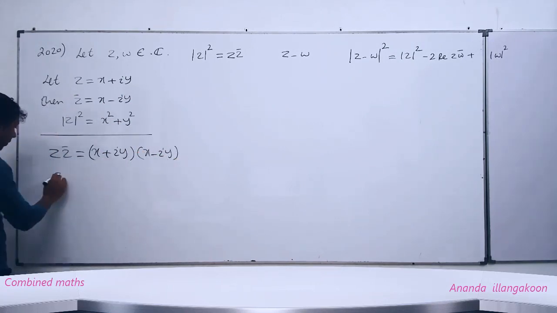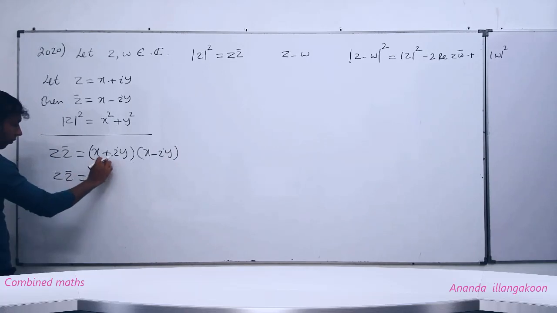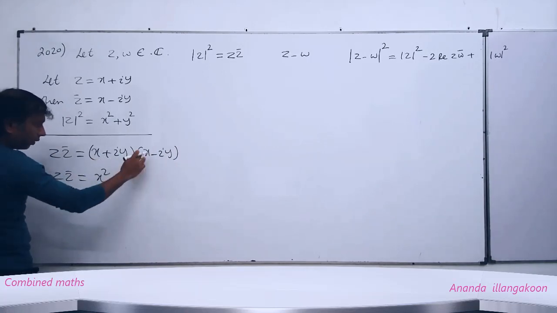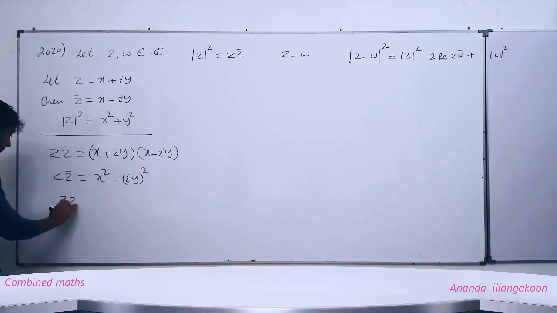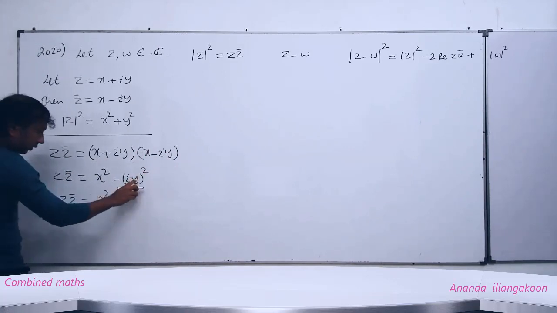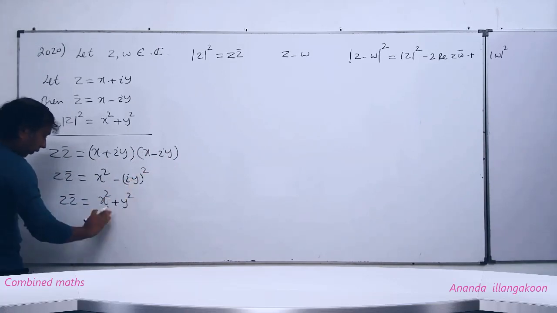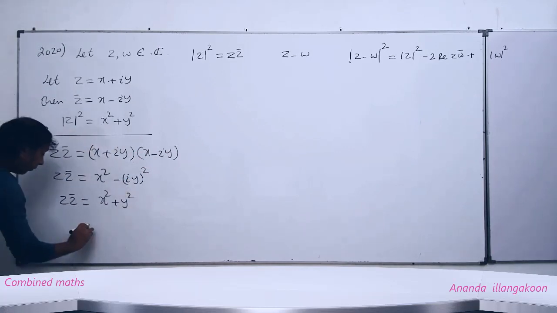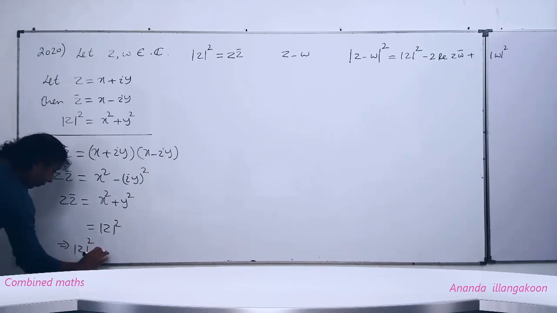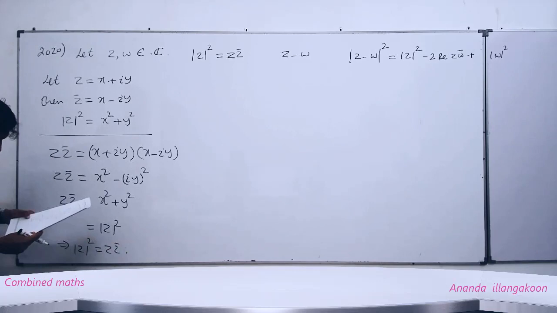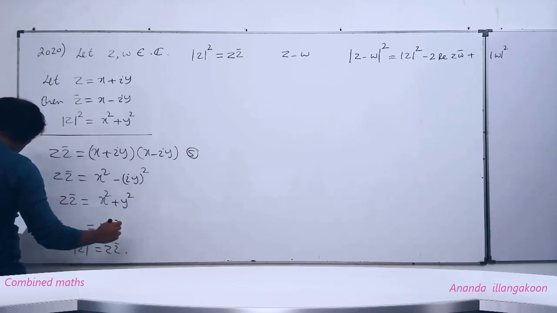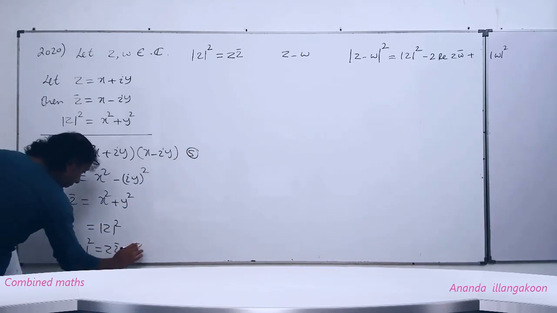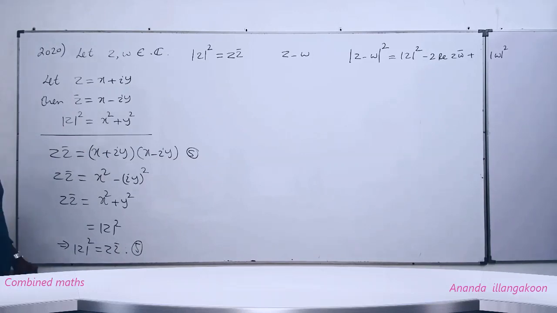When I multiply this, a plus b into a minus b gives a squared minus b squared, so x squared minus i squared y squared. Since i squared is minus 1, we get x squared plus y squared, and this is nothing but mod z squared. So this gives us mod z squared is equal to z z bar. Write it in this way: 5 marks are given for this, and 5 marks for the final answer. 10 marks coming for this.